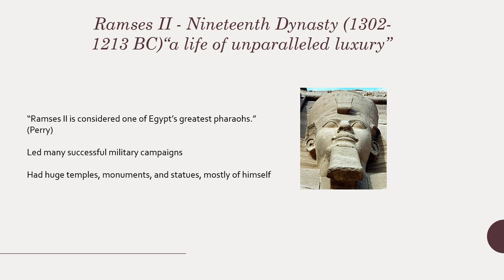Again, the New Kingdom, probably more than anything else, known for its military success and aggression, and we've seen it now in a number of pharaohs. He also had huge temples, monuments, and statues built, quite modestly, mostly of himself. That's what I'd do if I was a pharaoh. I'd have everything built looking like me.